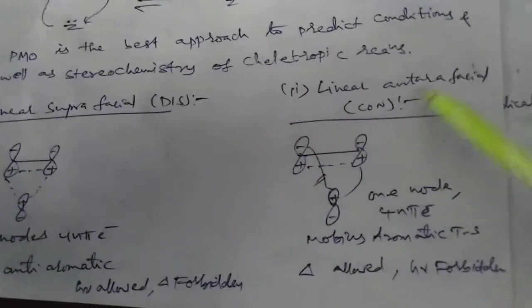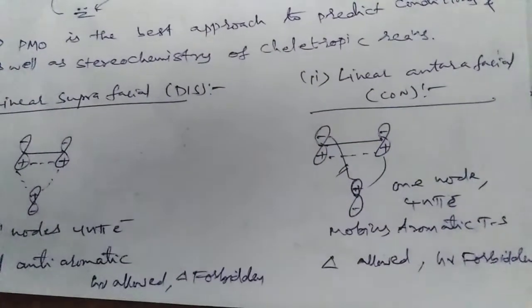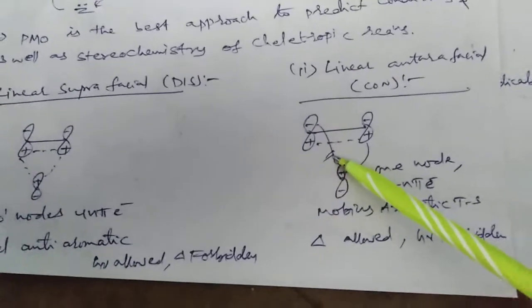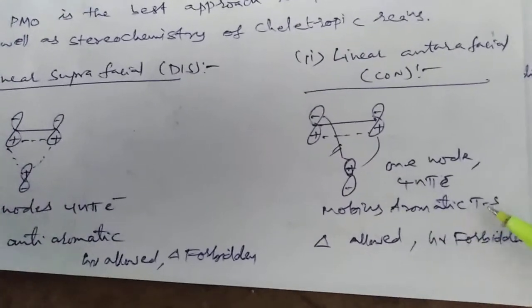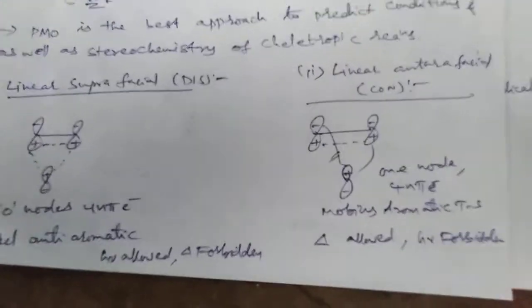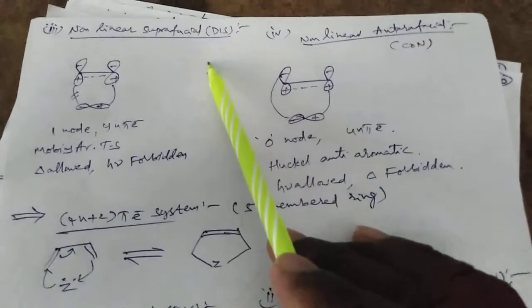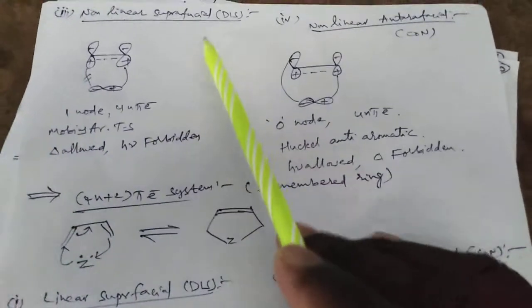But in the linear antarafacial, conrotatory mode, where opposite sides of the lobes participate in the sigma bond formation, there is only one node, an odd number of nodes, meaning a Mobius aromatic transition state, thermally allowed and photochemically forbidden. Non-linear suprafacial, the third case: one node is obtained for the disrotatory mode.